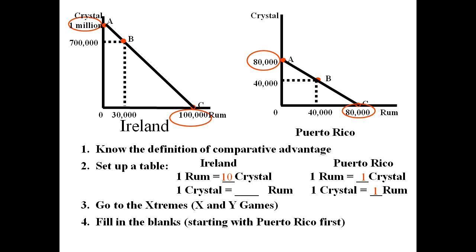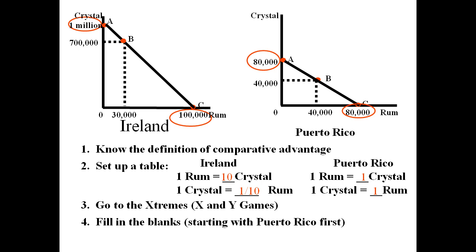So for every 1 rum, they would give up 10 crystal. Now let's focus on crystal. At point A, divide by 1 million to get it down to 1. At point C, 100,000 divided by 1 million is 1/10.